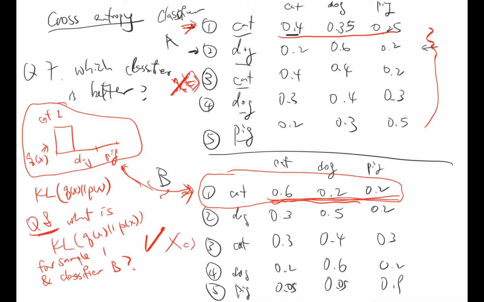P is the estimated score distribution, and Q is the ground truth distribution.